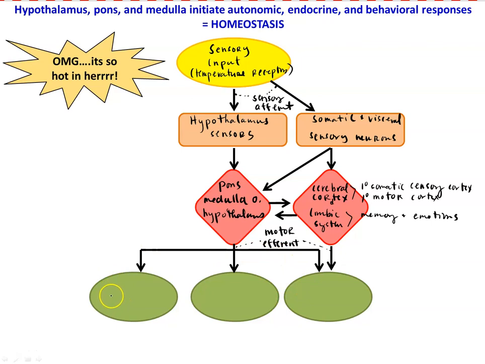And we're going to have 3 different responses, right? And so here we're going to have an autonomic response. We're going to have an endocrine response. And we can also have a behavioral response.